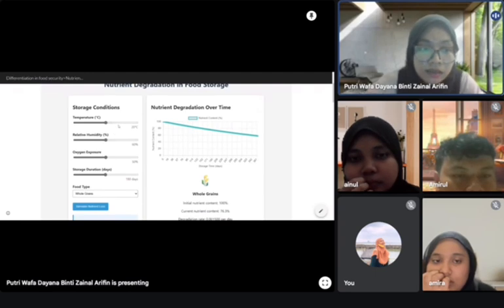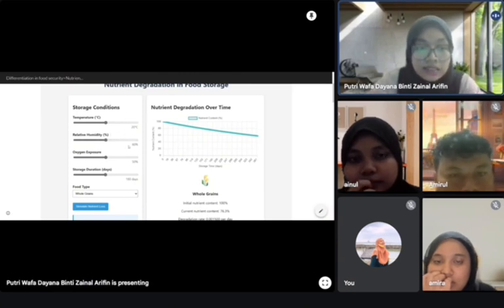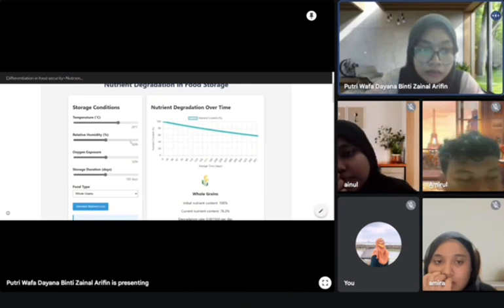So next, this part is my favorite: the interactive simulation. As you can see, users can change the storage temperature and see how it affects the nutrient level over time.